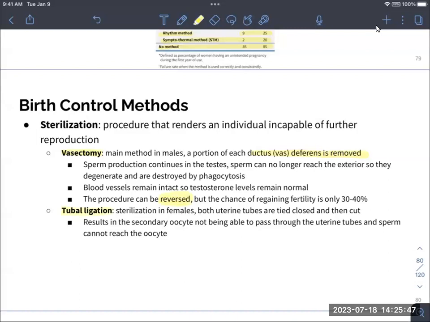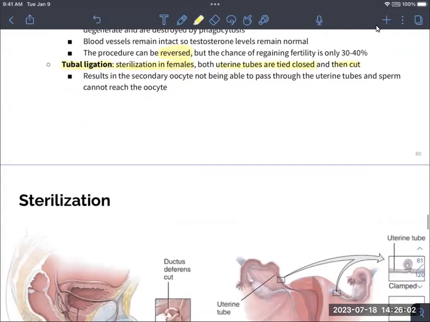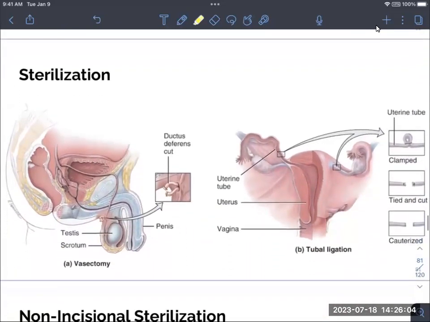Tubal ligation. This is sterilization in females. So those uterine tubes are tied closed and cut. That secondary oocyte can't get into that uterine tube and sperm cannot reach that oocyte. So they cut off and tie that ductus deferens versus that uterine tube. Males, it's reversible.